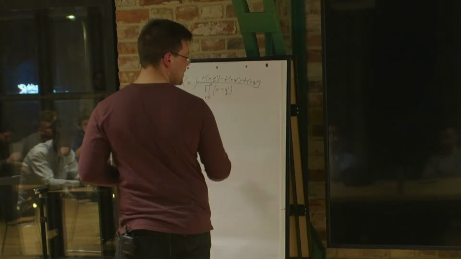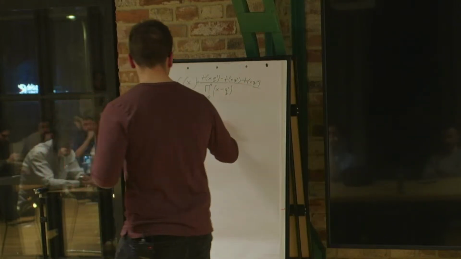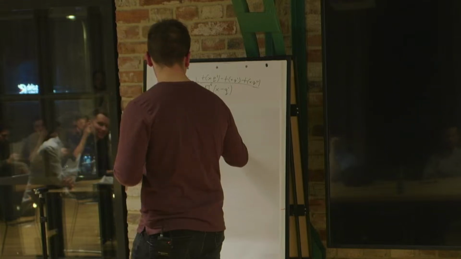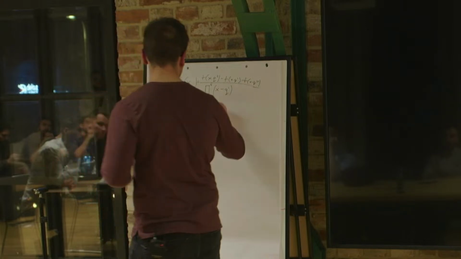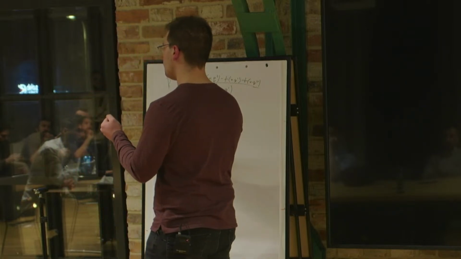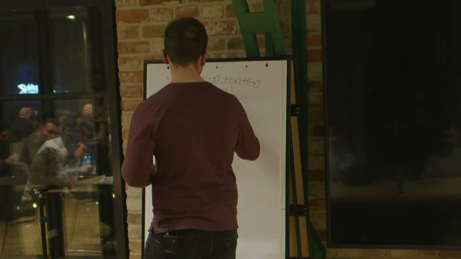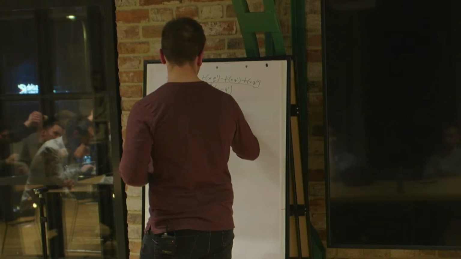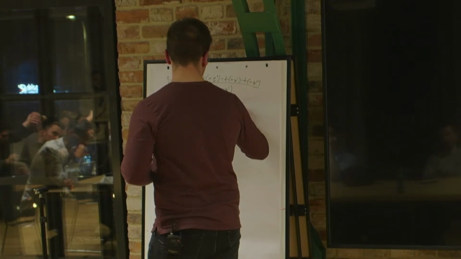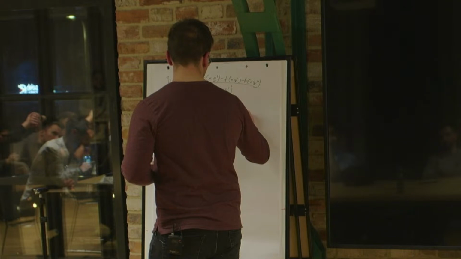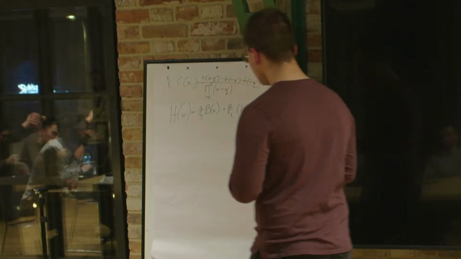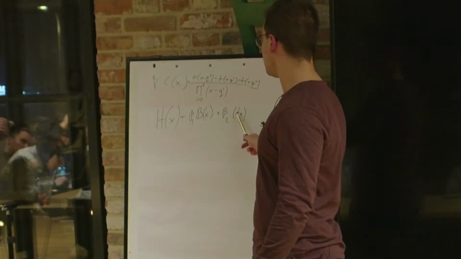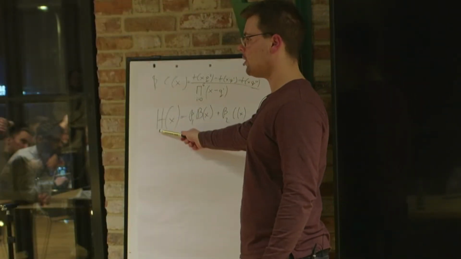So it's going to be some beta, let's say beta 1 times b of x, our complete boundary constraint, plus beta 2 times c of x. So it's a linear combination. If either of those is a rational function, this is going to become a rational function.